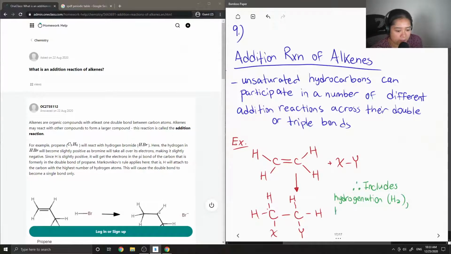You can also have halogenation. So this is when you add a halogen, so like chlorine or fluorine. I'm just going to denote it as X2. Or you can also have kind of like a combination of the two called hydrohalogenation.